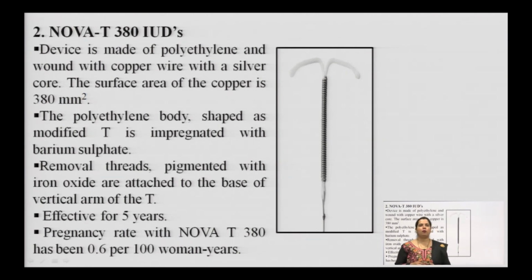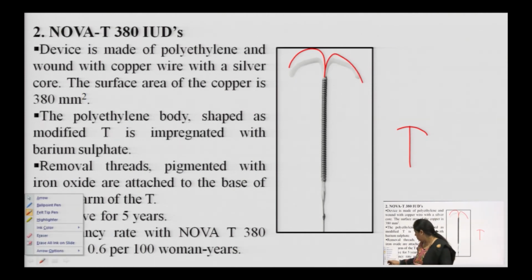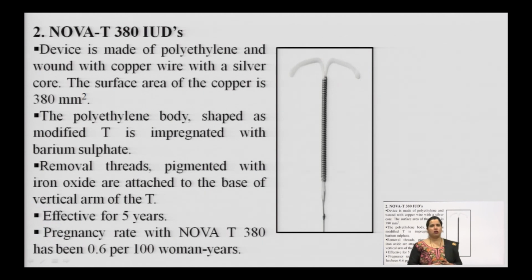The surface area of the copper is 380 mm square. The polyethylene body is shaped as a modified T. In the earlier T shape it was like this, whereas here this is the advanced T shape. So, here it looks like the advanced Nova T380 IUD.